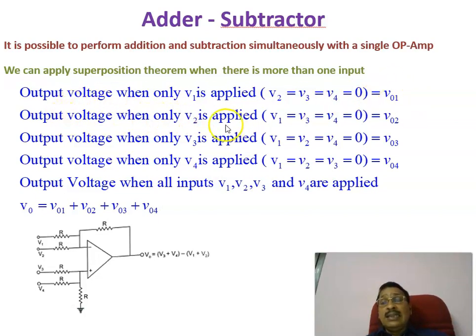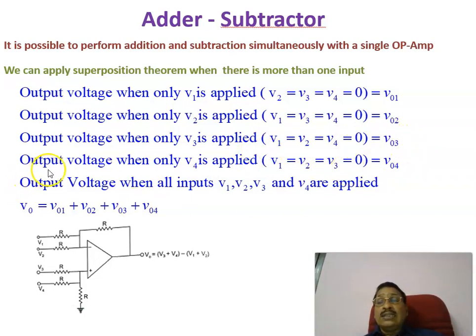Similarly, second case, when V2 alone is applied, we make V1, V3, V4 all 0, and the corresponding output equals V02. And the third case is when only V3 is applied. All others are grounded, meaning V1, V2 and V4 are all grounded, and the corresponding output you are getting is V03.